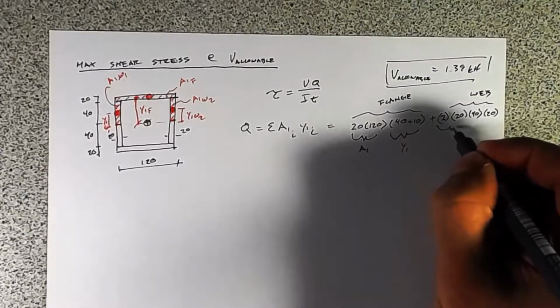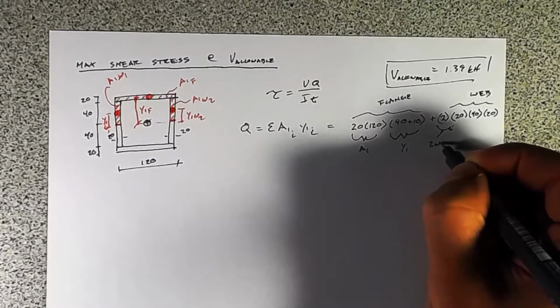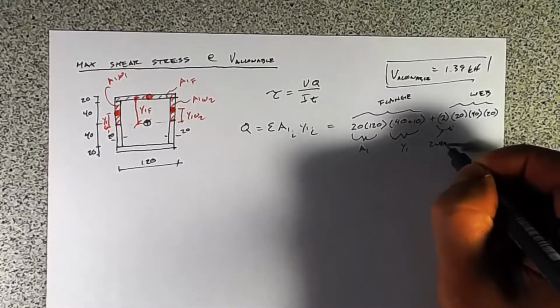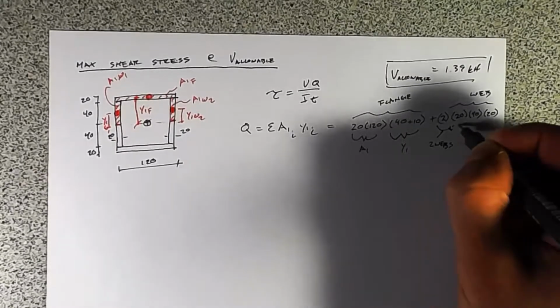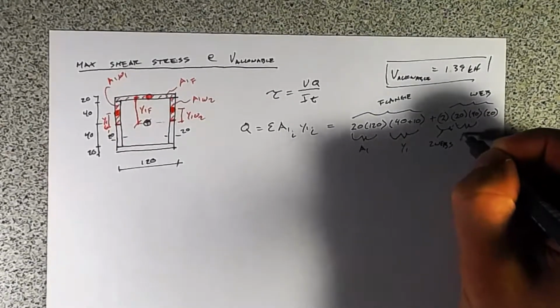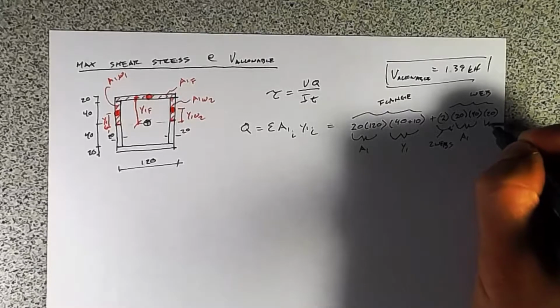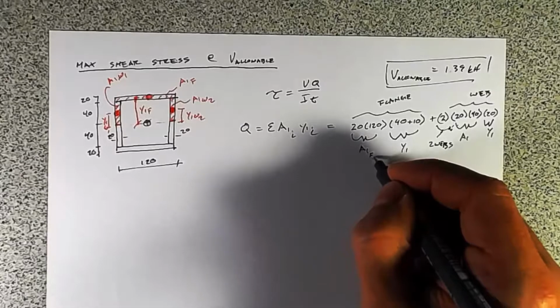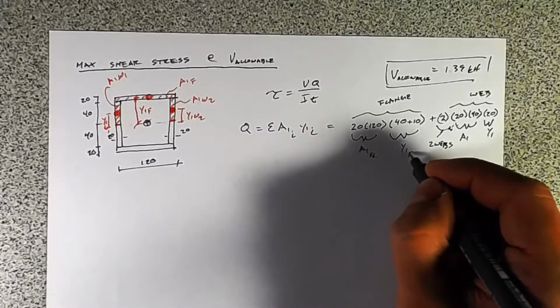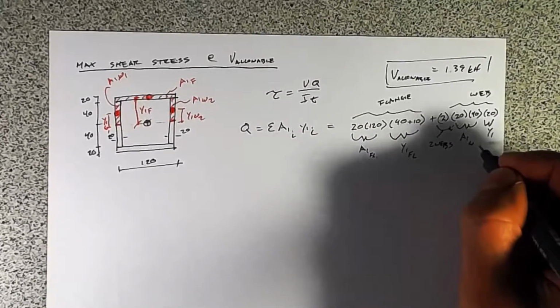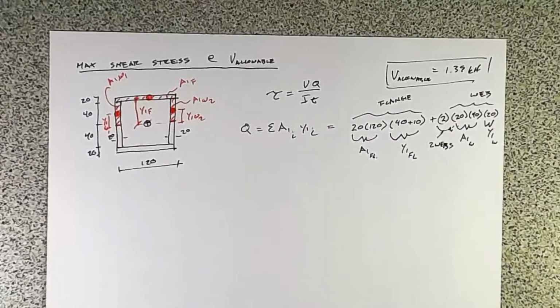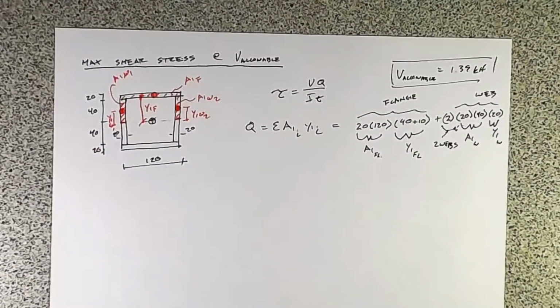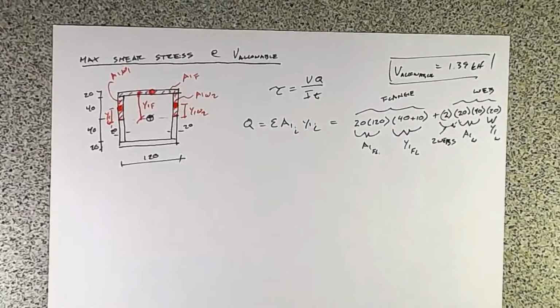And again, so that's 2 webs. A1, Y1. So we maybe call this A1 flange, FL for flange, and we'll call A1W and Y1W, just so that we're super clear and we don't get ourselves confused.